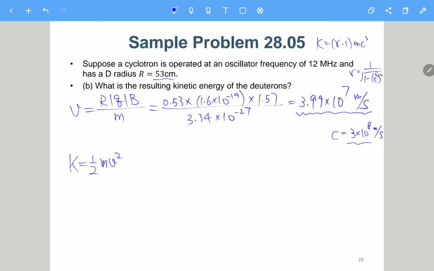Because v over c is sufficiently large, this tends to influence the kinetic energy due to the relativistic effect. But in this semester, we will not cover relativity in chapter 37.